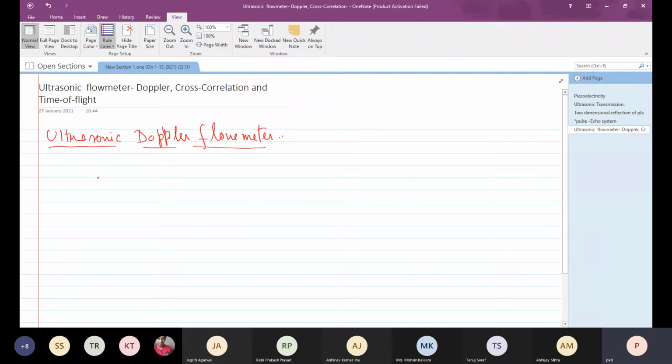So let us first draw the diagram. This is a pipe, and the ultrasound probe is here, where the transmitter and receiver will be mounted.